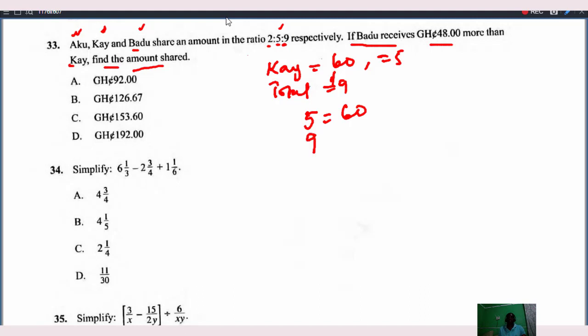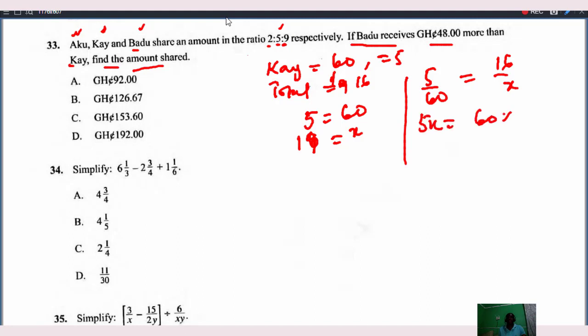Therefore total ratio, which is not 9 rather, total ratio is 16 rather, 16. So 16 will be equal to X. So with proportion, 5 over 60 is equal to 16 over X. So it will be 5x is equal to 60 times 16.